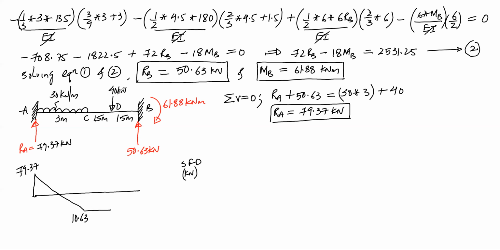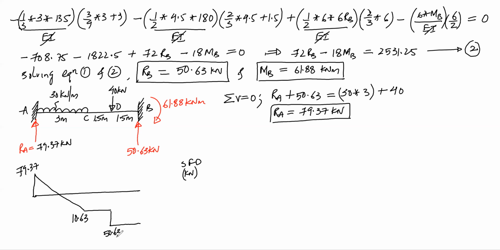At point D, there is 40 kilonewton acting downward, so we have to subtract it. So it will be minus 10.63 minus 40, so that will be minus 50.63. From point D to B, there is no force, so it will be constant. And at point B, there is an upward vertical force of 50.63, so here we have to add it.